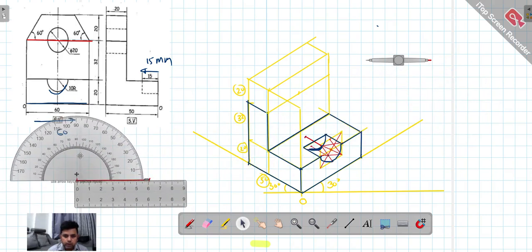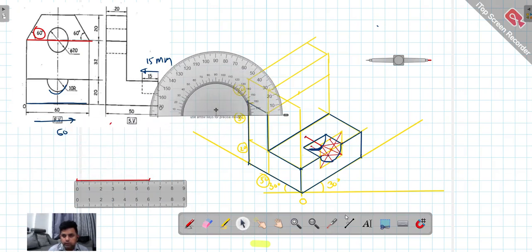protractor to mark 30 degree. Correct, not 30, it is 60, no? So I'll mark 60 here, then simply I'll join the 60. This is other than the construction.